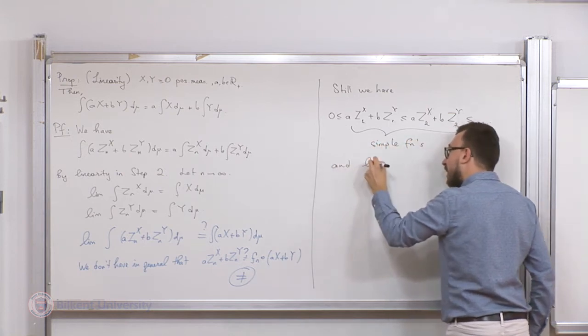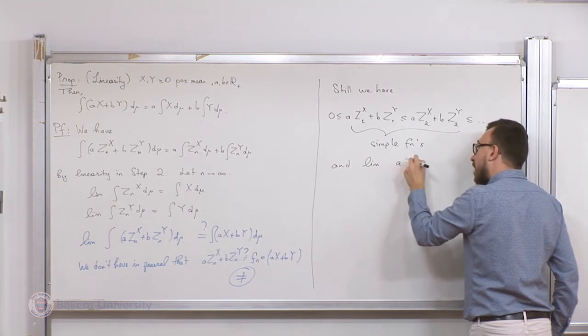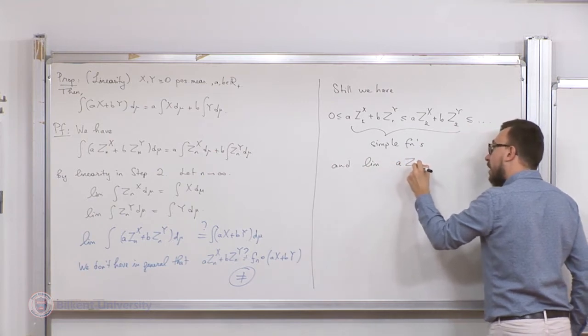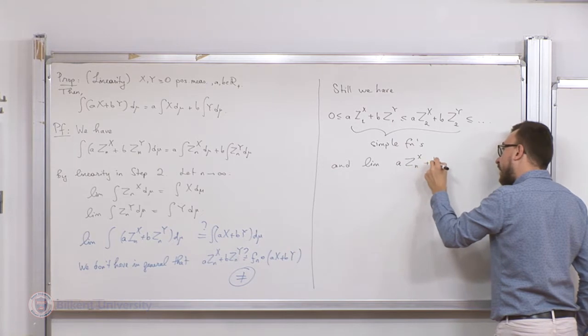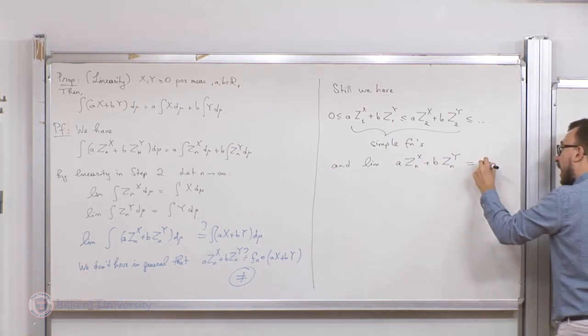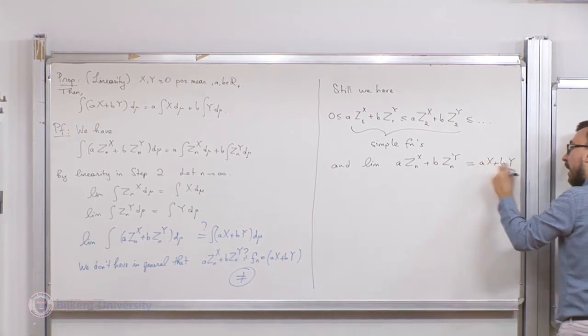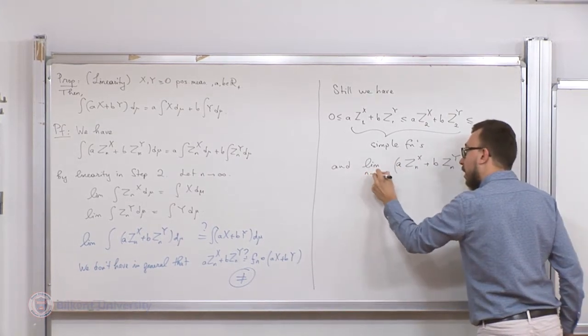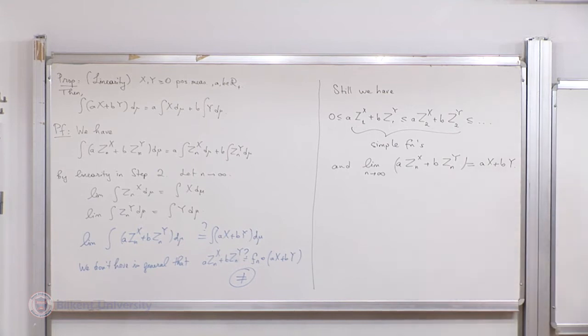And the limit of a znx plus b zny is still ax plus by. It is just not the standard way of approximating ax plus by. It is another way of approximating ax plus by.